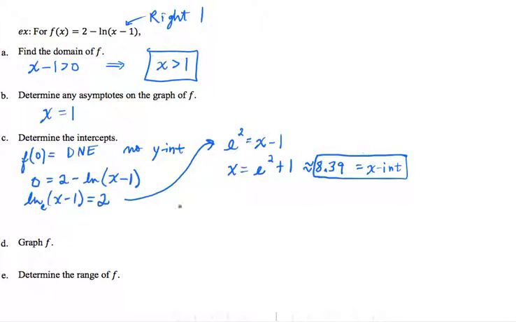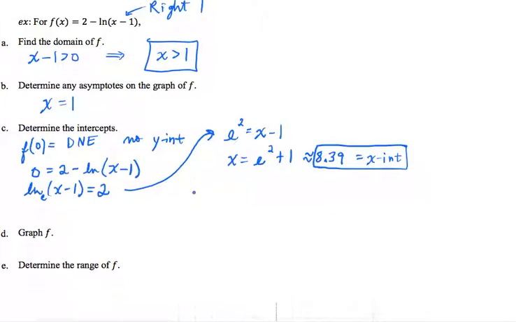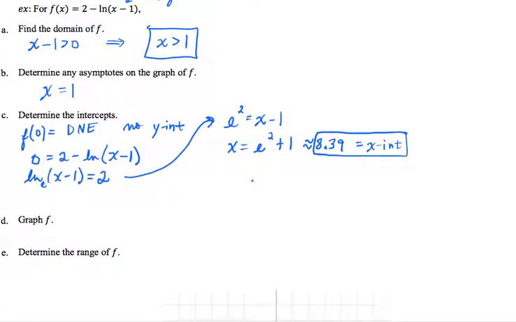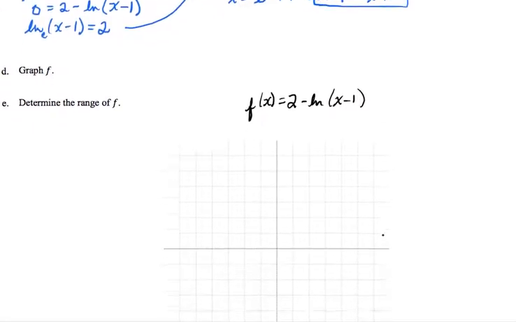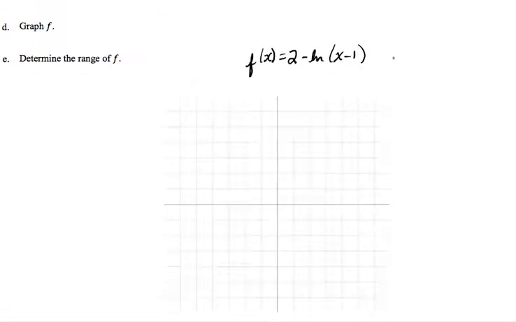So I'm going to rewrite the function down here so we can see it. So what we are graphing is f of x equals 2 minus the natural log of x minus 1. Okay, I'm going to graph this using transformations. So the first thing you would do if you plug in an x is do the minus 1, so that's going to shift everything right 1.